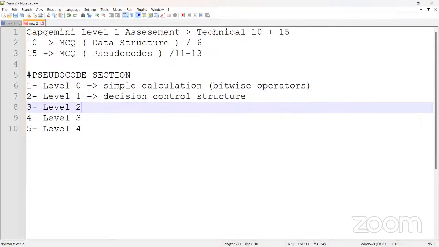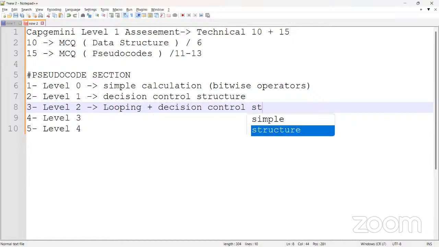In level 2, okay, level 2 and level 3 pseudocodes are more in number out of 15. So you need to put in more effort to understand level 2 and level 3 pseudocode. Level 2 pseudocode will be a combination of looping plus decision control structure format.